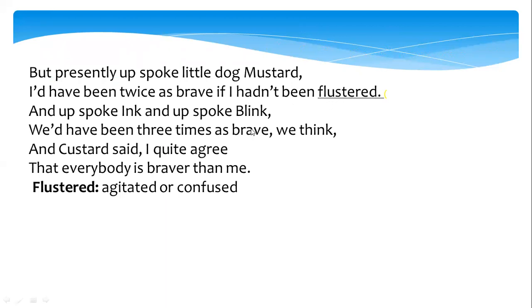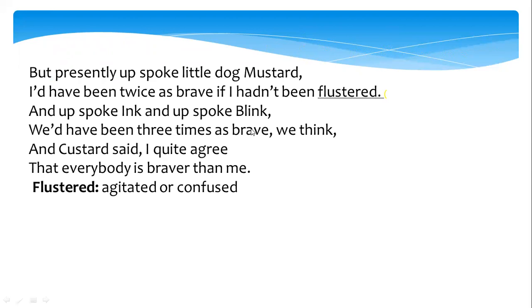As we all know, in the beginning of the poem, everybody considered themselves very much brave and they considered Custard the coward. So after they thanked and showed their love towards the dragon, they changed their mind. They were reminded of how they used to make fun of this coward dragon, and now they all were praising him. So at once the dog said that it was just because of some confusion that he wasn't able to do anything.